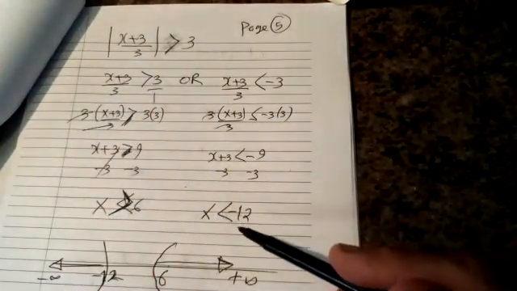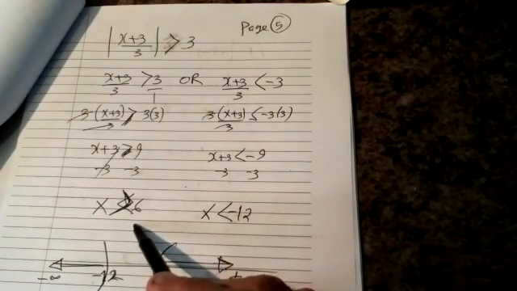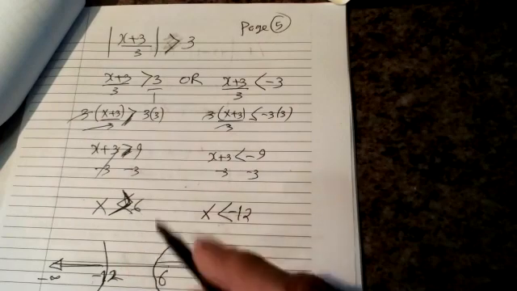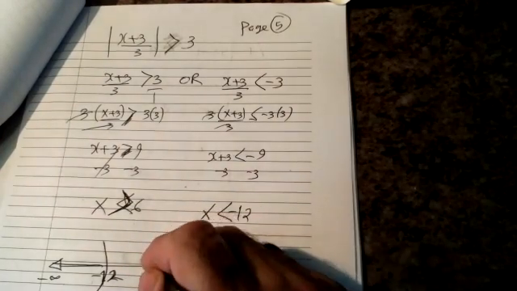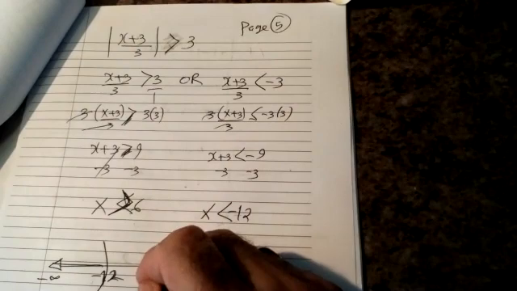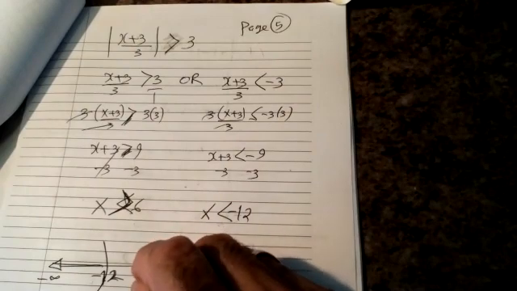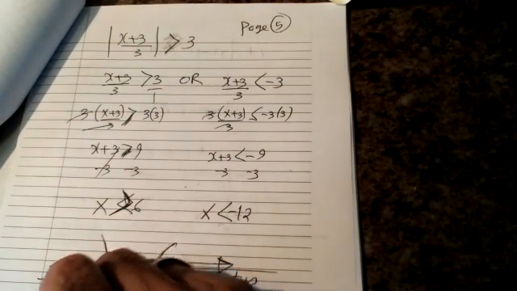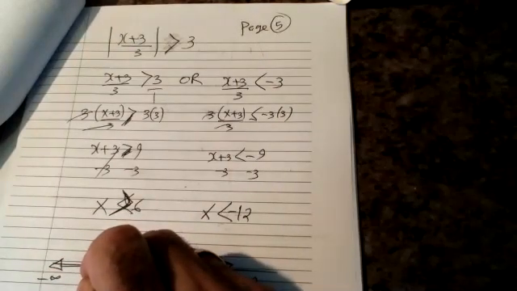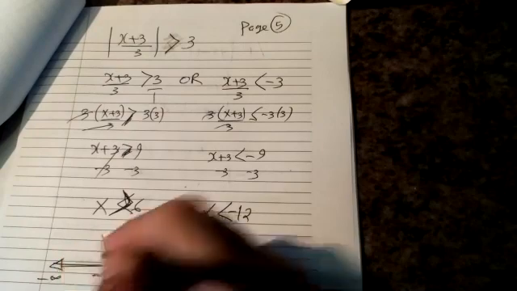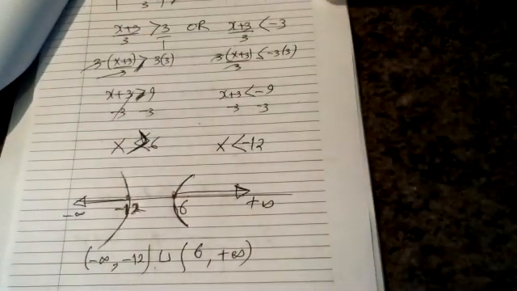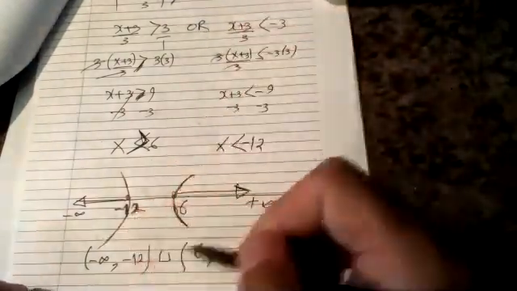So x is less than minus 12 or x is greater than 6. Remember, since you don't have an equality sign, they both take a parenthesis. Again, this or is a symbol of union, which is two pieces.